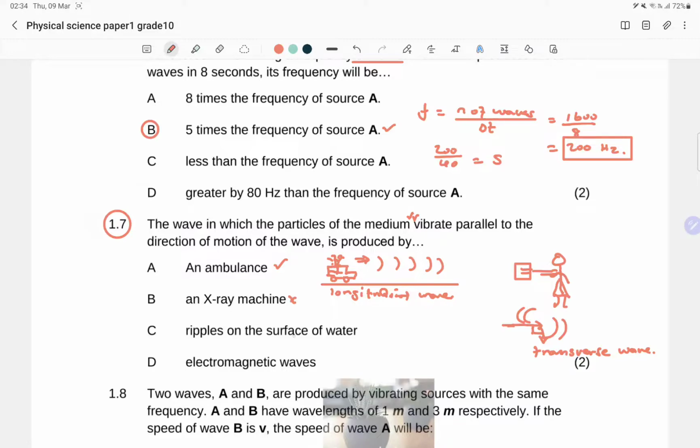Ripples on the surface of water. Also, these form what we call transverse waves. Okay, not longitudinal. So basically, this is suggesting that we are dealing with longitudinal waves.